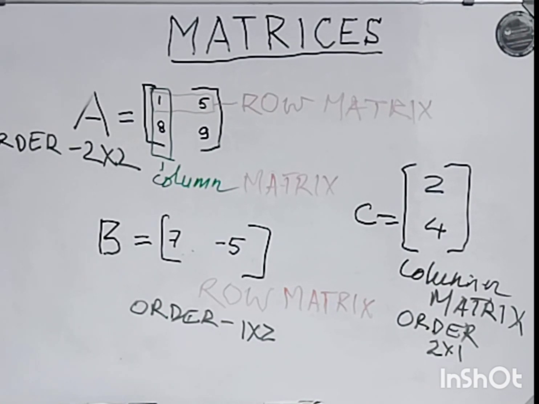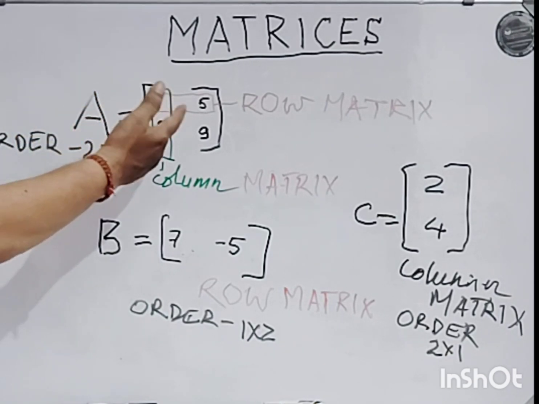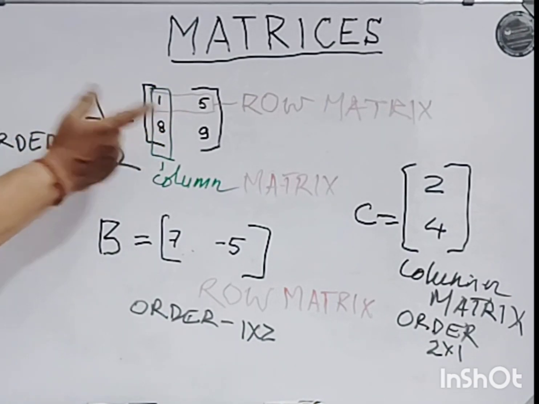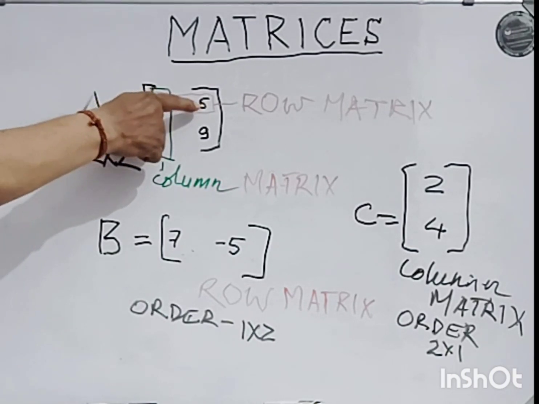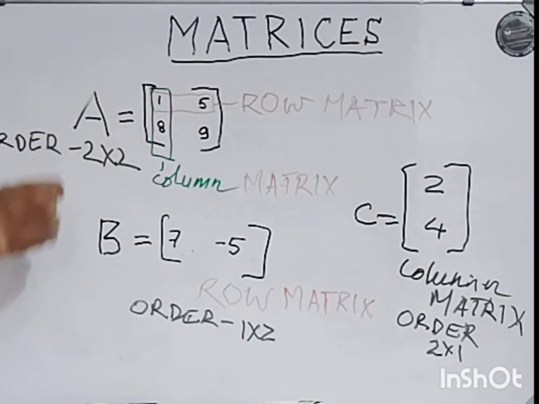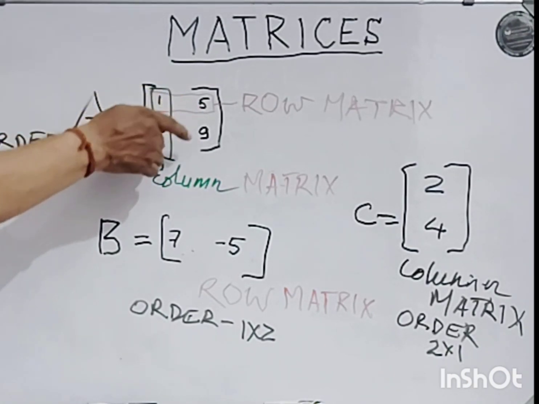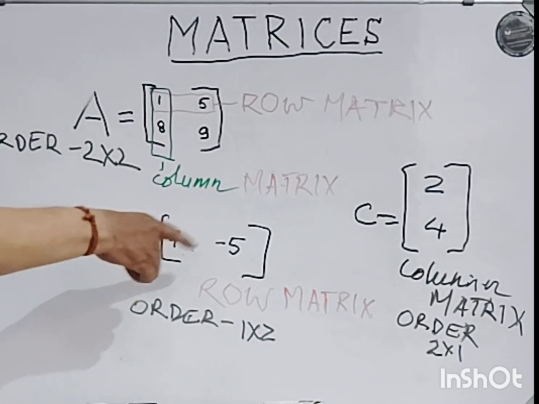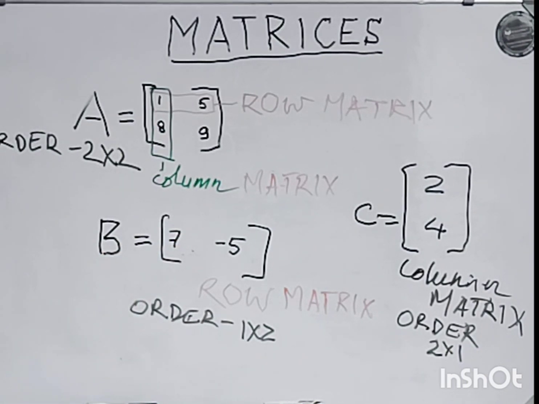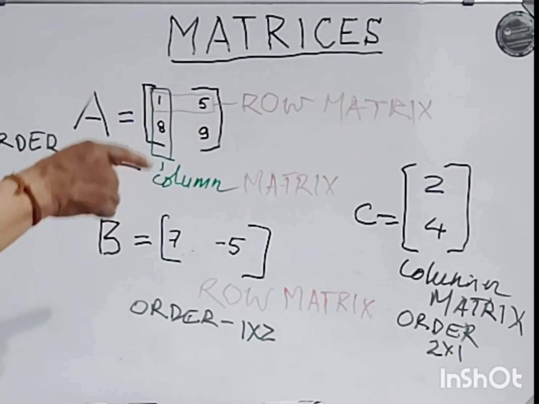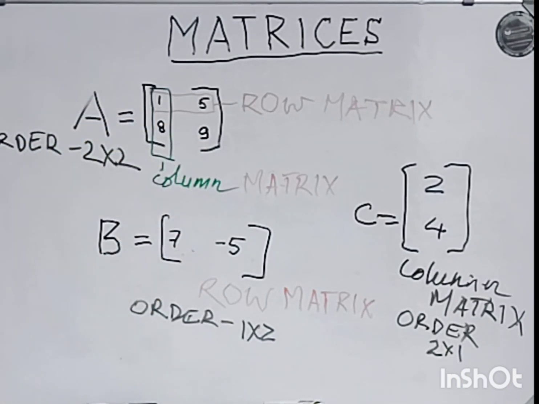Likewise, order means the number of elements in rows and columns. 2 elements in the row, 2 elements in the column. Here also order 1 into 2 means 2 elements in the row, and there 2 elements in one column.